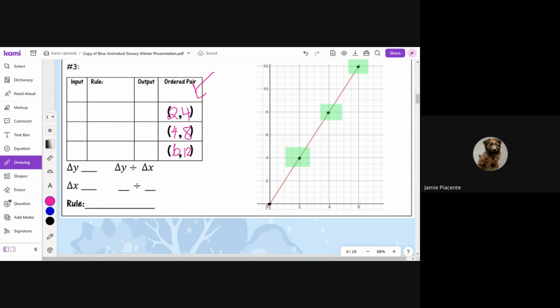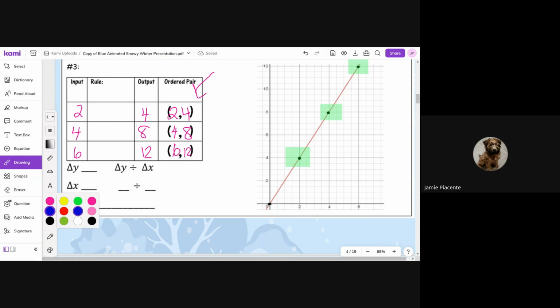Okay, from here, go ahead and split it. Meaning put the X's in the input, put the Y's in the output. Don't go any further than that now. So you should have 2, 4, 4, 8, 6, 12. Okay, here it comes now.